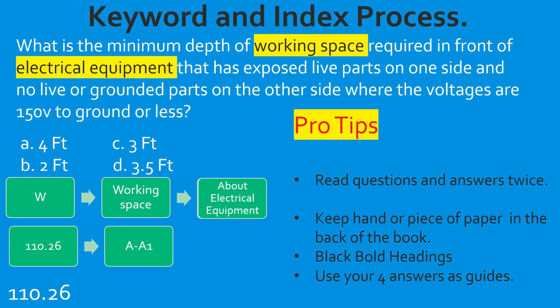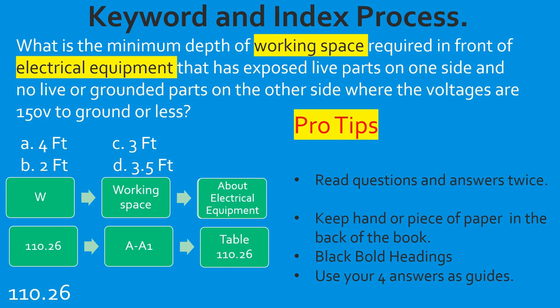Many times you'll see one of your four answers right there, and then you know, hey, I need to slow down and read this paragraph. I don't see one of my direct answers, but I really feel like I'm in the right section. I've got really four of my keywords. I've got my key concept, which is working space. I have electrical equipment, and I also have depth of working space. So I really feel like I'm in the right section.